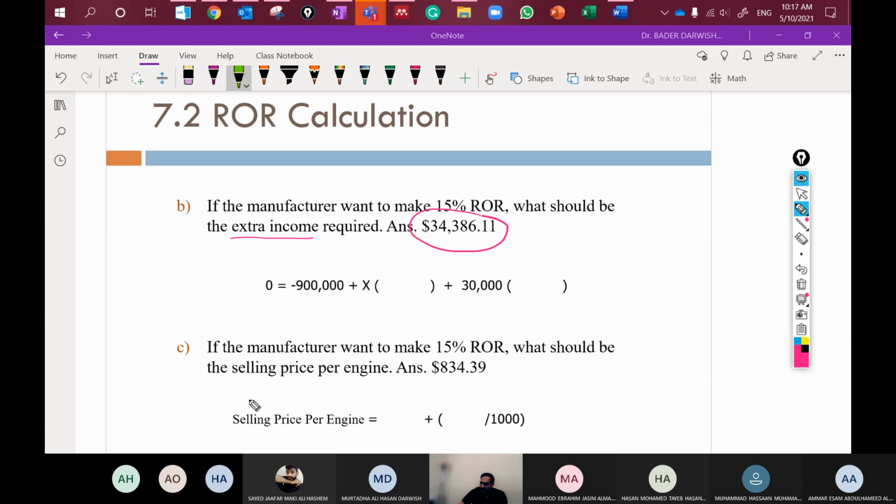Okay. Now what Ammar got is totally right, representing the X. However, as a final answer, this is the extra income. Meaning over the 200,000, this 200,000 gives you 9.5%.